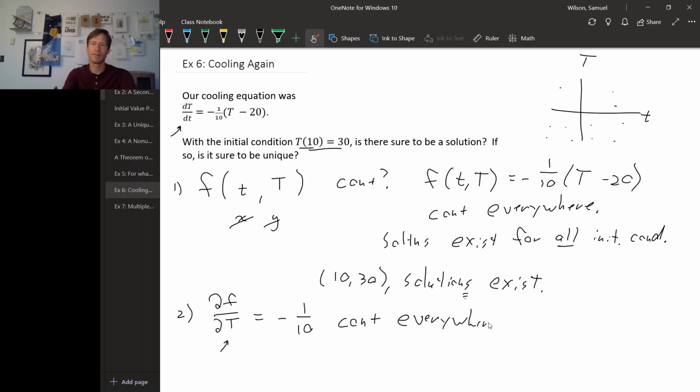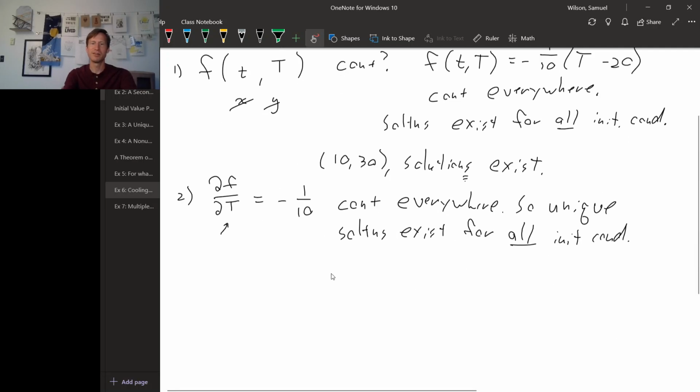So it's not just that solutions exist for all initial conditions, it's that unique solutions exist for all initial conditions.